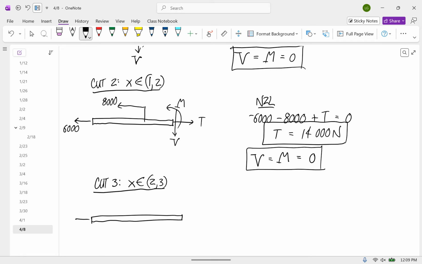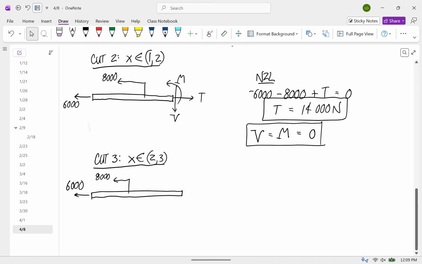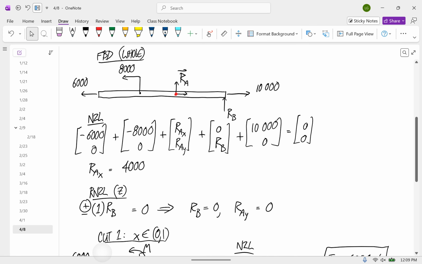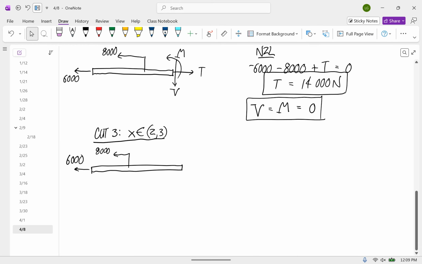So this time we have 6,000, 8,000, and our RAX is 4,000 going the other way. And then we have our internal loads.